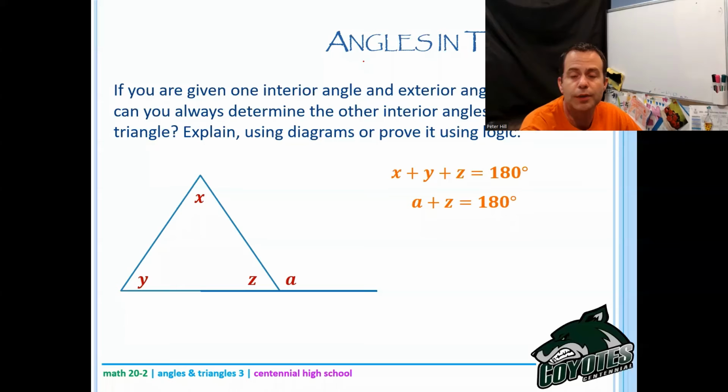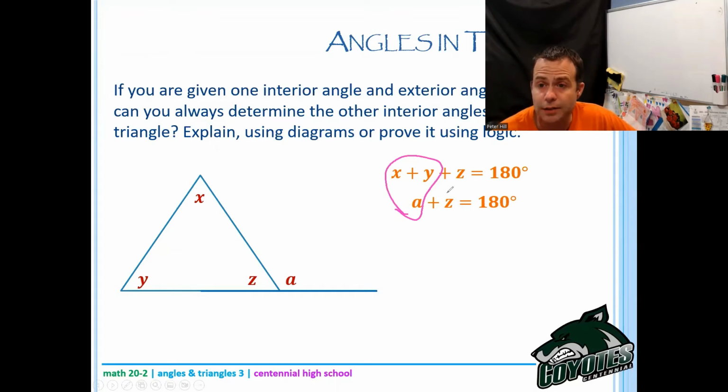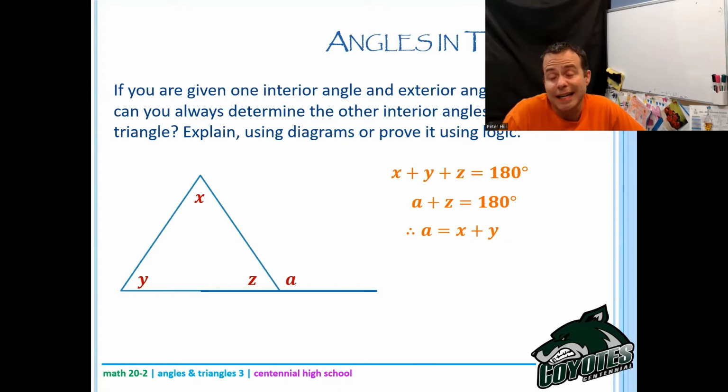Well, now think this through. If X plus Y plus Z equals 180 and A plus Z equals 180, then A has to be whatever X plus Y is, right? Because they both have Z here already, and they both have to equal 180. So I can now say that A has to be X plus Y. So now we've proven that that is always going to happen with an exterior angle and the two non-adjacent angles inside the triangle.